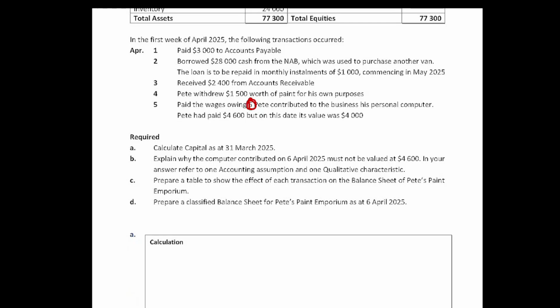Now, are there some things that you can't put down? Because 4,600 is when he bought it, but not when the business bought it. So would you just put it down as no value? No value? There should be a value, yeah? Is it like fair value? Fair value, yes. Which one is the fair value? 4,000. What is the fair value, Diana?